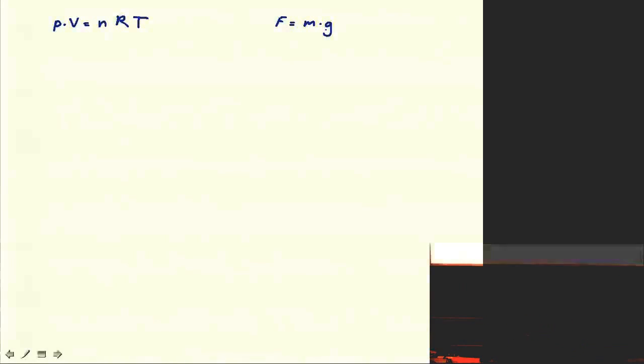We know that the air density is given by mass divided by volume, which means that the volume is mass divided by density. So let's substitute that and say P times m divided by the density. Then we have taken out the volume, but now we have the mass. And we also want to get rid of the n.